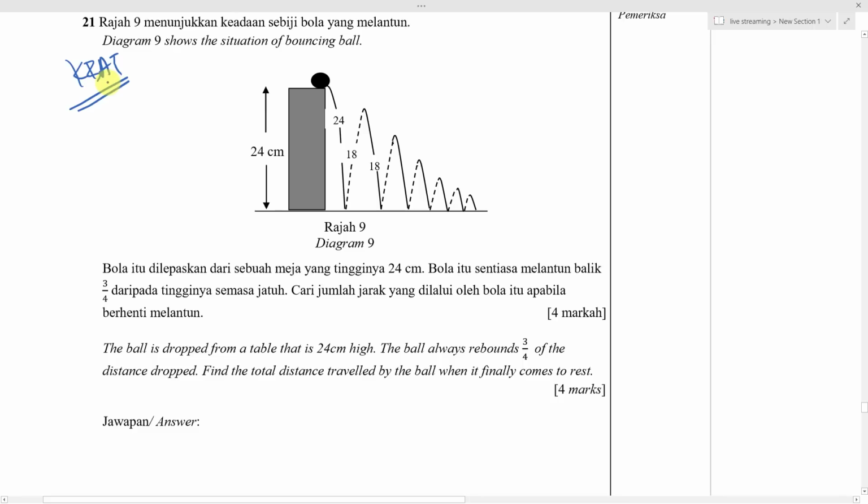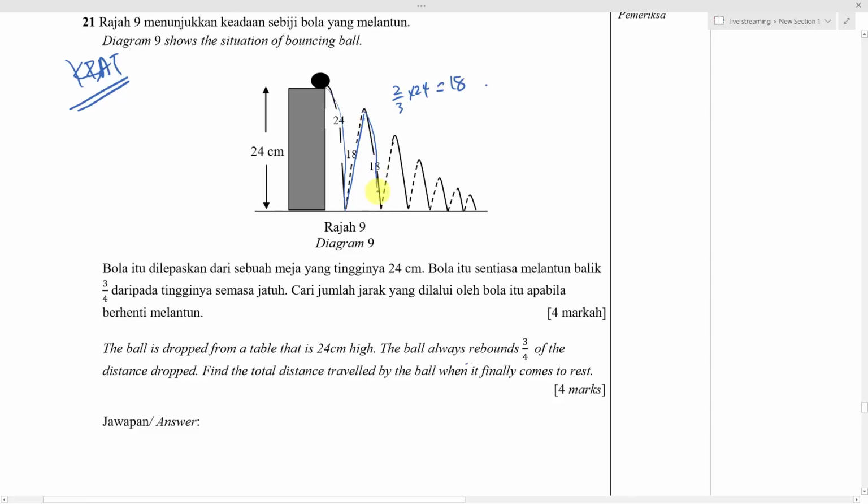Okay, so the first thing is you get the idea. You have a ball here, and then you drop the ball, and the ball rebounds at 3/4. That means you drop the ball from 24 here. When it bounces back over here, the distance is 3/4 times 24, so you get 18 here.